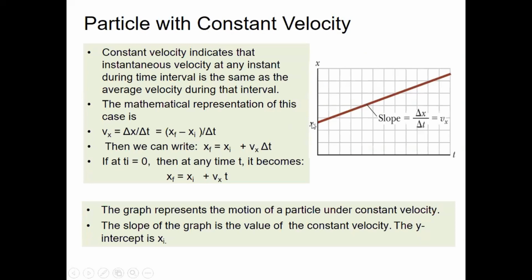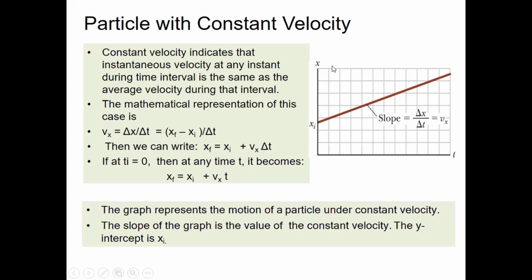Remember that a particle which is moving with constant velocity indicates that the instantaneous velocity at any time or any time interval remains the same as the average velocity. Mathematically, we can write that vx is the slope of this, because it is a constant velocity.